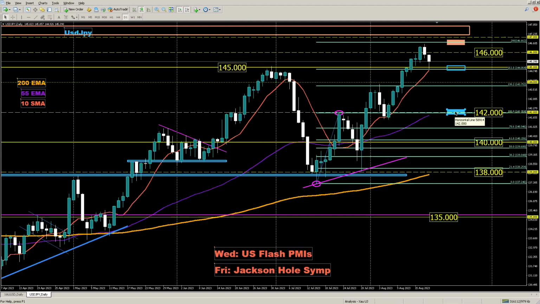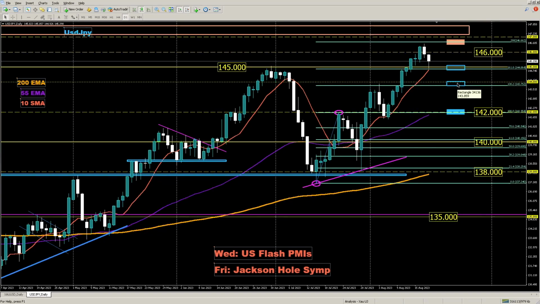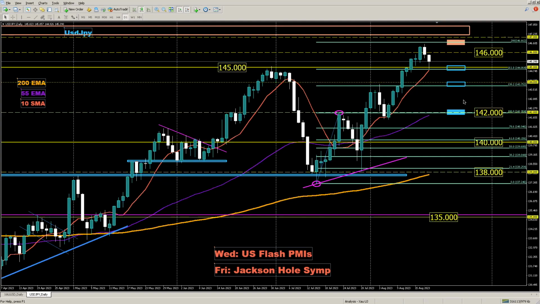Major support is still at 142 at this swing high with the rising 55 EMA. And another interim support at the 145 and the 138 fib extension zone.